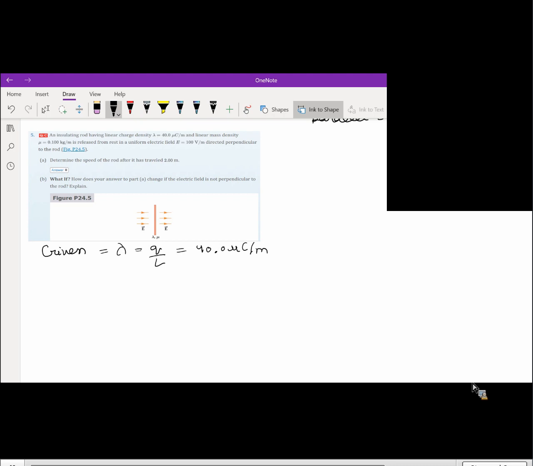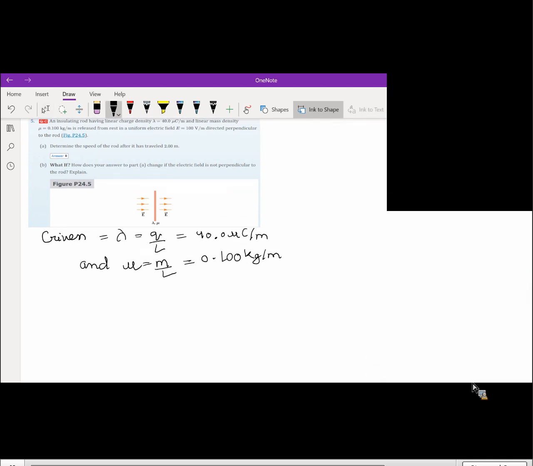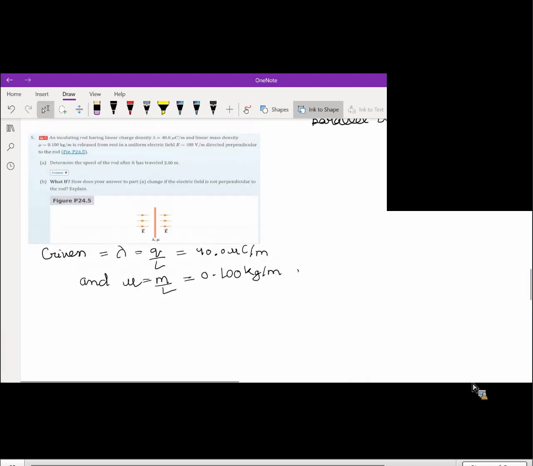And linear mass density, mu, mass per unit length, is given as 0.100 kg per meter. And E field is given as 100 volt per meter.